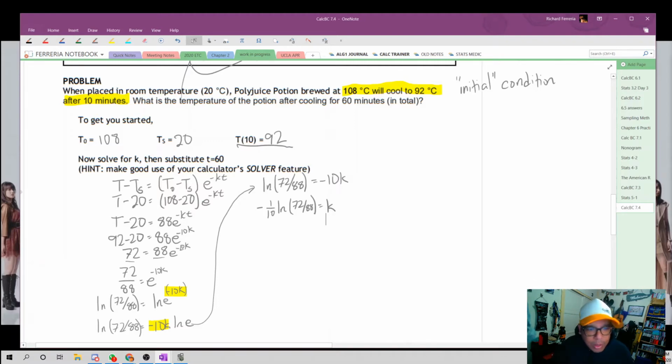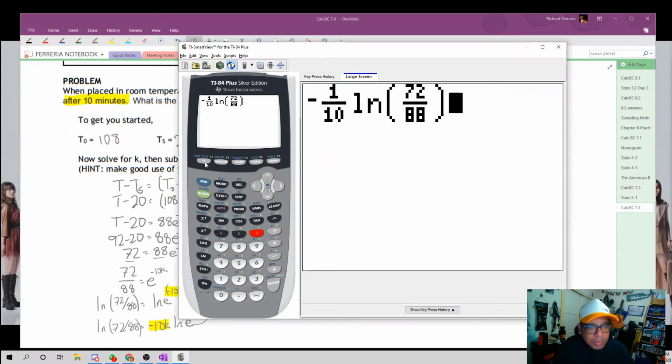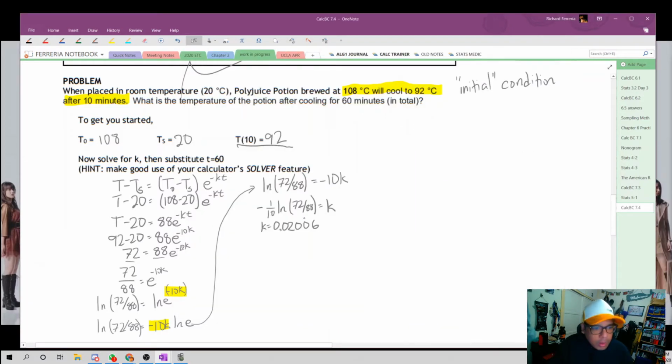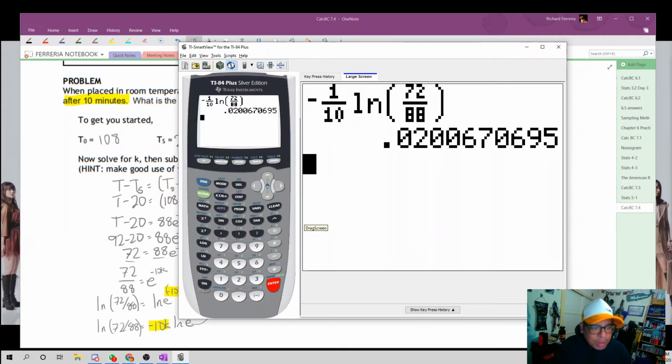Get that calculator out, and just push enter here, and that gives us a value of k of 0.02. Go ahead and write that down. And here's a warning that I have for you with this calculator business.